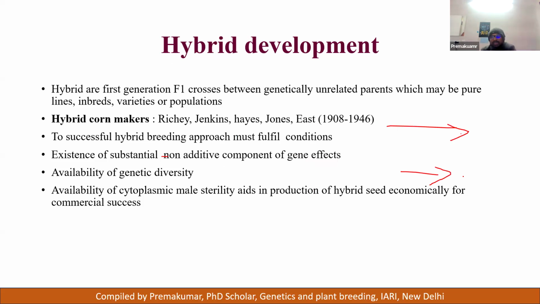Economically it is not that favorable. So a substantial non-additive component of gene effects, availability of genetic diversity and availability of genetic emasculation systems are the three important conditions for hybrid seed production and the commercial success of hybrids.